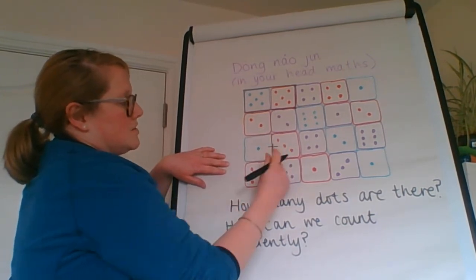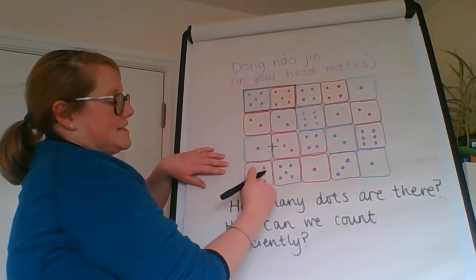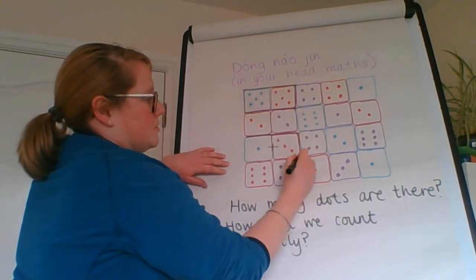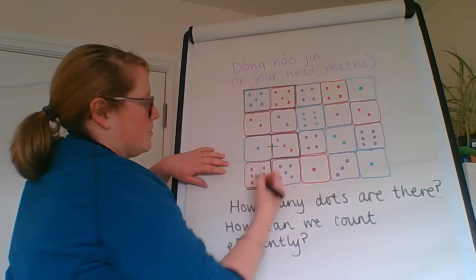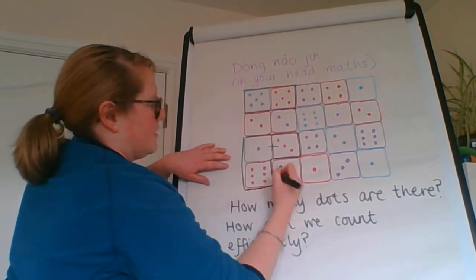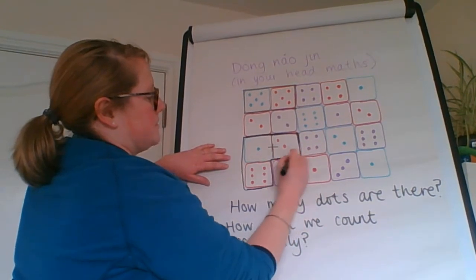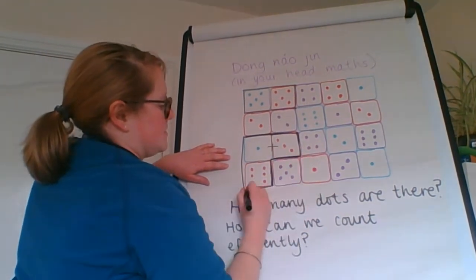I'm going to add those two, and that 4 add 6 is 10, so I'm going to put a box around here, so that makes 10. I'll make it a bit bolder so you can see it.